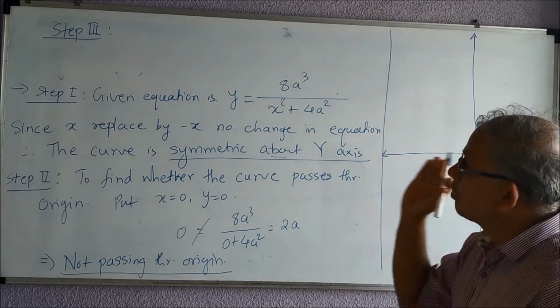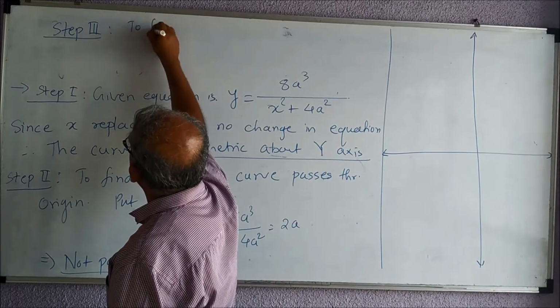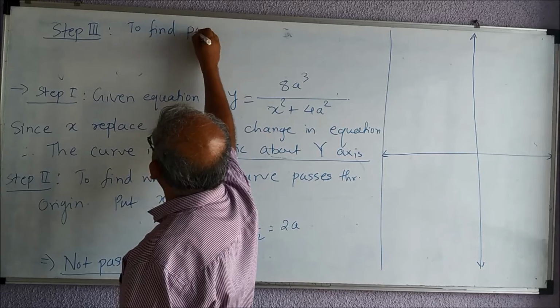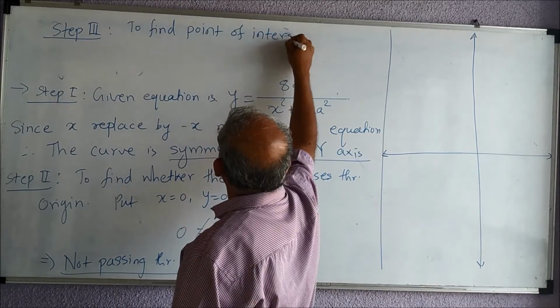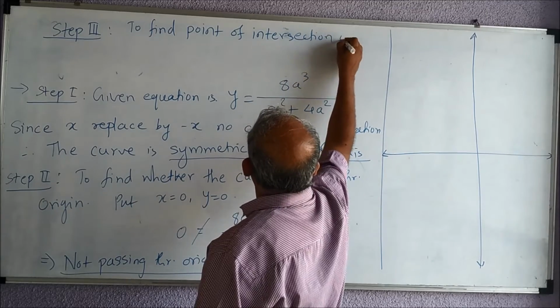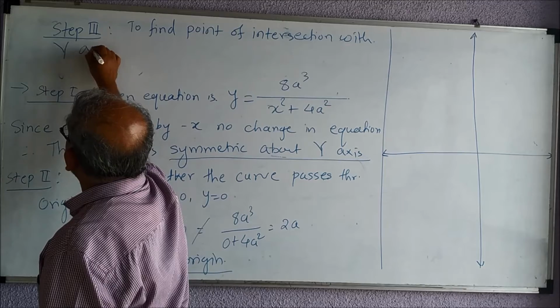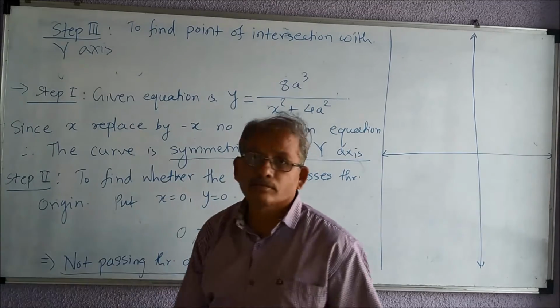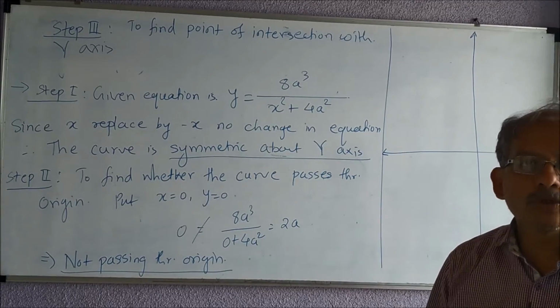So we will find that point of intersection, the point of intersection with the y-axis, and it is very simple to get.